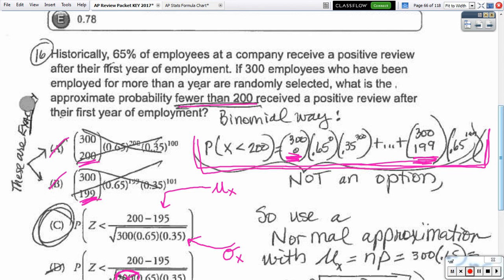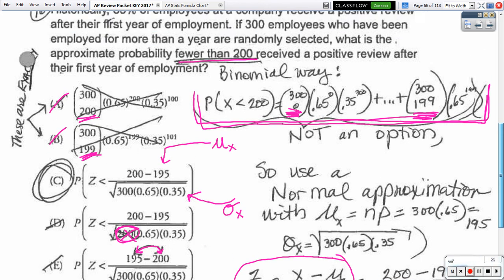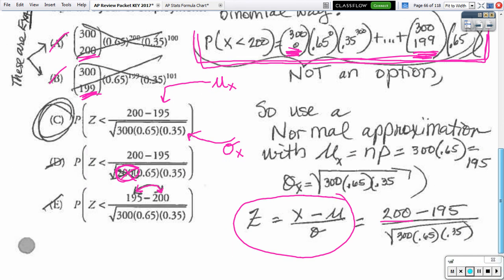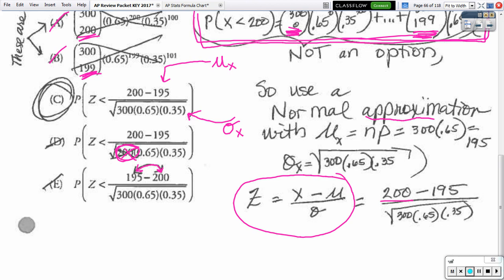So technically, this is a discrete situation, and a binomial is probably more appropriate. But so often, since it's a large sample of over 300, I can approximate it with the normal model. So you can do a normal approximation to that. That's why sometimes those things get combined together.